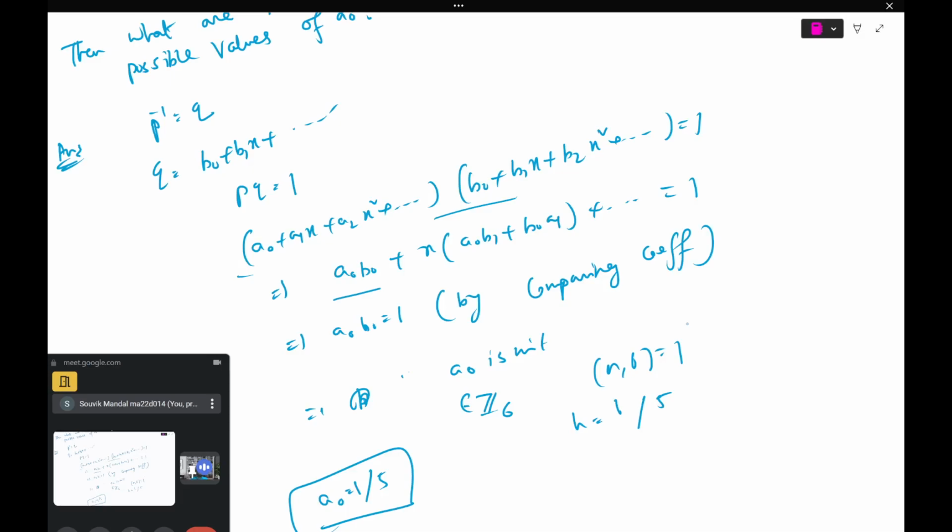By comparing coefficients, we get that a0b0 is equal to 1. This implies a0 is a unit and a0 belongs to Z6. So we need to check what the units in Z6 are. The units in Z6 are n equal to 1 or n equal to 5. So a0 is 1 or 5. Okay, this is the technique of solving this problem.